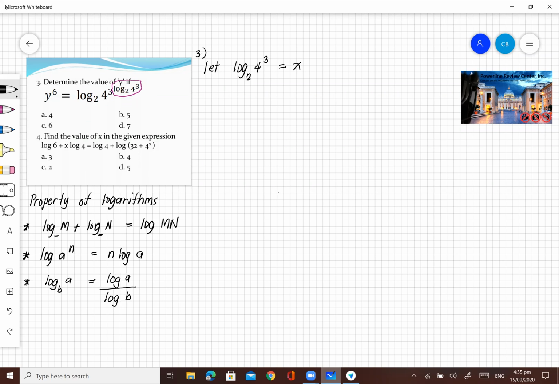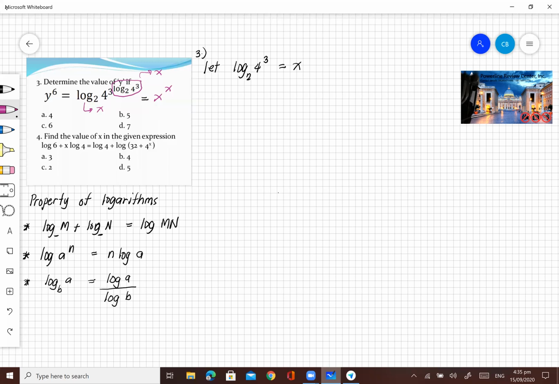Okay? So, sabihin natin that is simply X. Therefore, if we may now consider that is X, I can rewrite this equation. So, if you try to look, this value is X. This value is also X. So, therefore, this is simply X raised to X. That is now the value of our Y raised to 6.